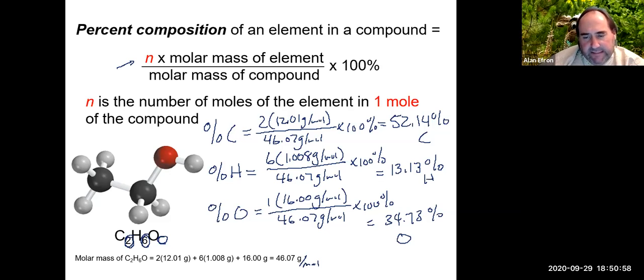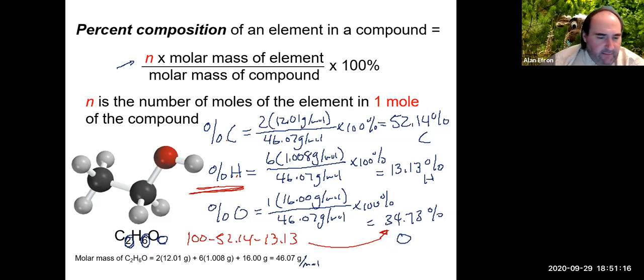Now, there's a couple of things you could have done a little bit differently in terms of figuring out, say, the last one. Because I already figured out my carbon and hydrogen at that point, oxygen is the only other element there, so you technically could have gone 100% minus the 52.14 minus the 13.13 should end you with that number as well.